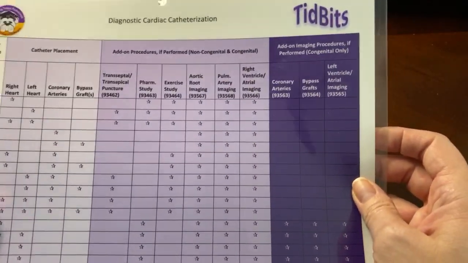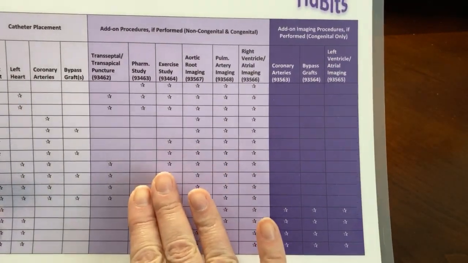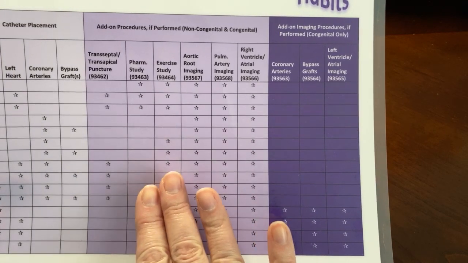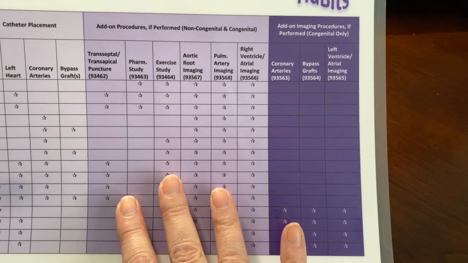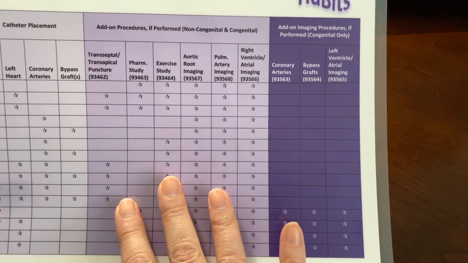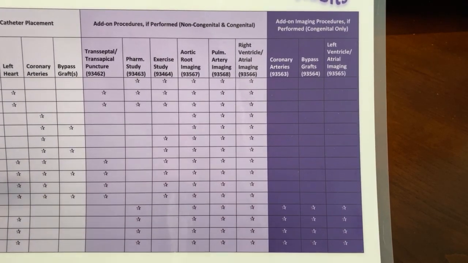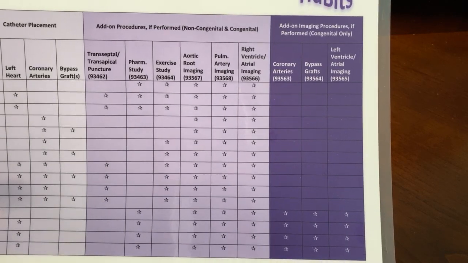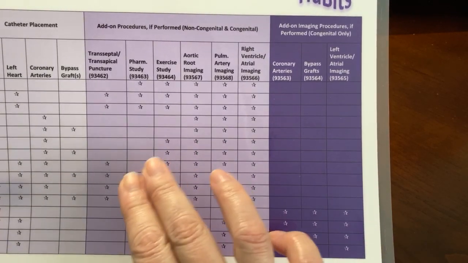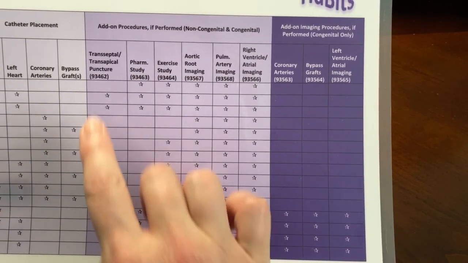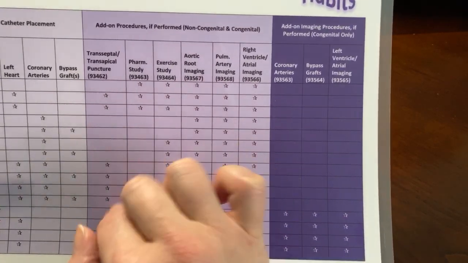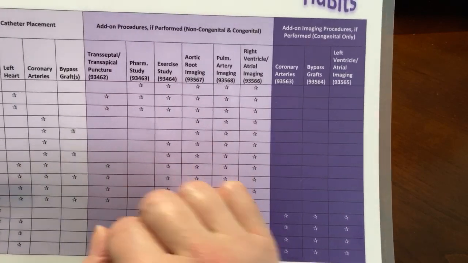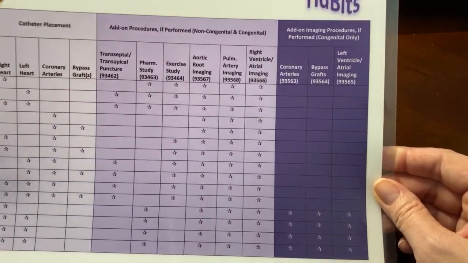Now there are some add-on procedures. So this middle, medium lavender color includes add-on procedures that can be added in addition to either congenital or non-congenital cardiac cath codes, if they're done. So you've got the transseptal and the transapical puncture, and there is a separate add-on code for the transapical puncture.